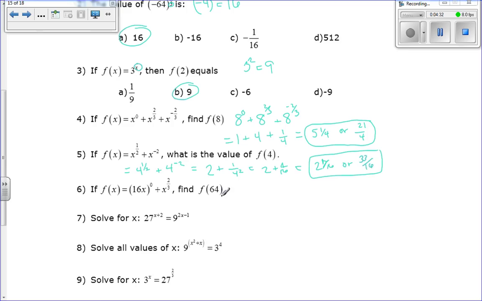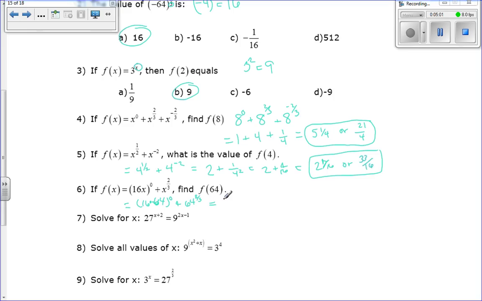For number 6, I'm just going to put in 64 for x. Well, it doesn't really matter what happens on the inside, because after I multiply this number, I'm going to raise it to the 0 power.